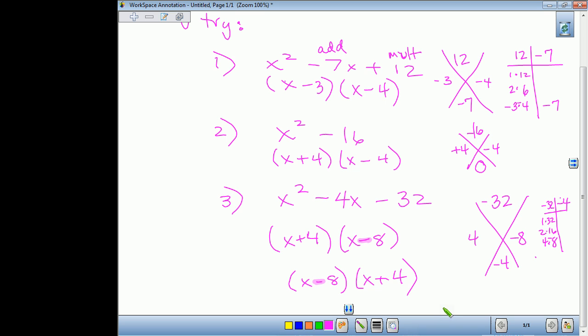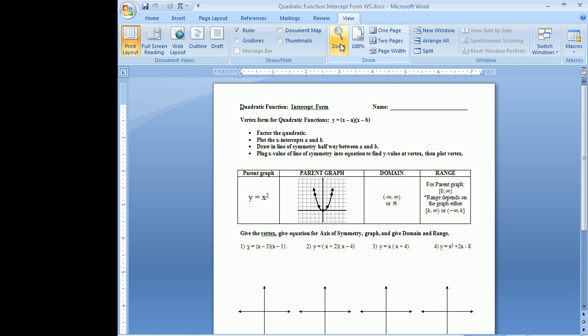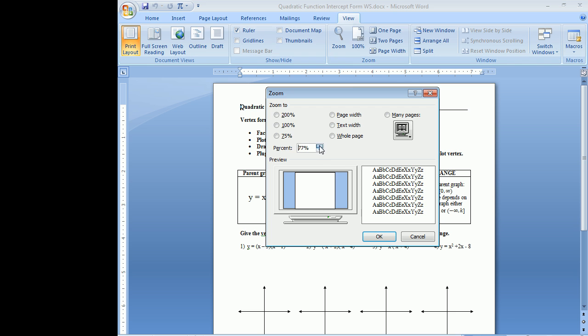Okay, we're going to use this in today's lesson. Today we're going to learn how to graph by factoring.